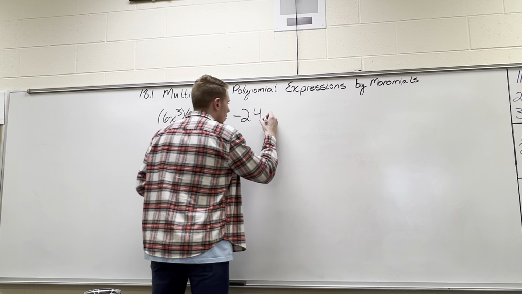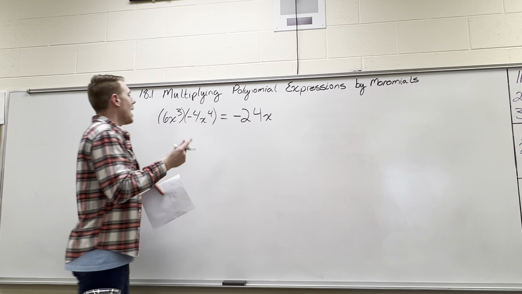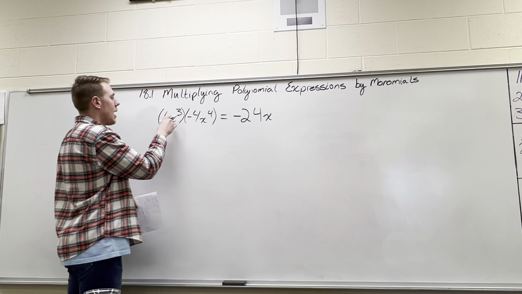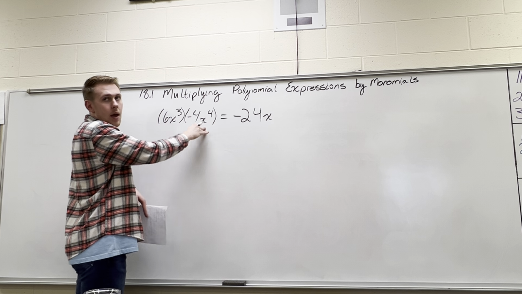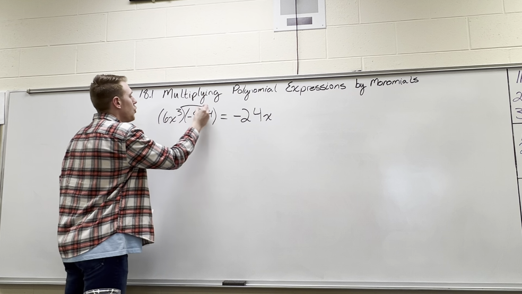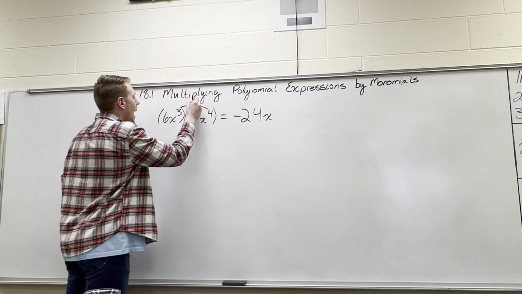So I'm going to put x here, because I know it's 24x. But now I'm multiplying x to the third times x to the fourth. And what did I just say? You have to add. So 3 plus 4 is 7. This is your answer. I simply multiplied my numbers, kept my base, added exponents.